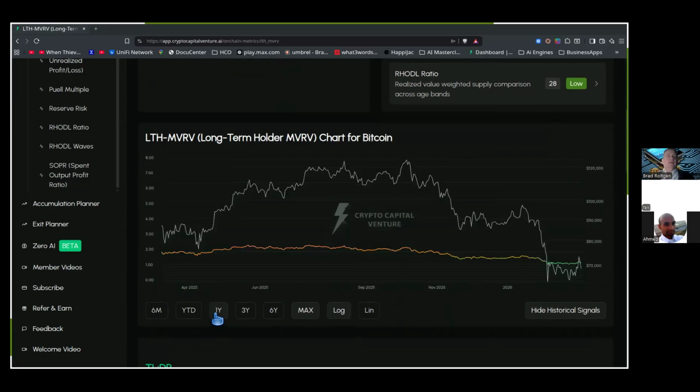If you just want to look at what's happened over the last year, that kind of shows you, there's three things I think that have really kind of tanked the market for us. Everybody was expecting this 4 year cycle that's been fairly dependable.